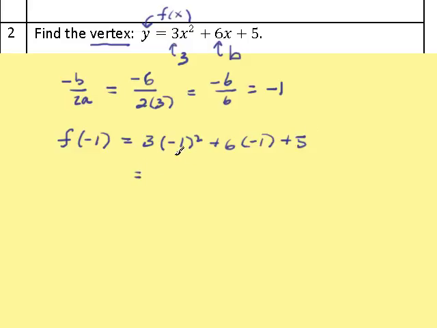That would be 1 minus 6 plus 5. That's negative 5 plus 5, which is 0. So that gives us a vertex of negative 1 for the x-coordinate and 2 for the y-coordinate.